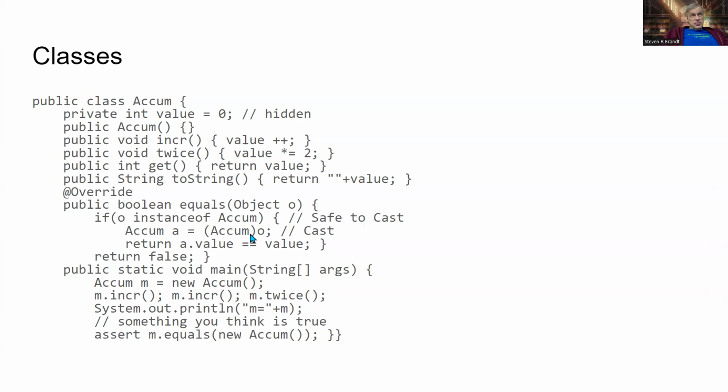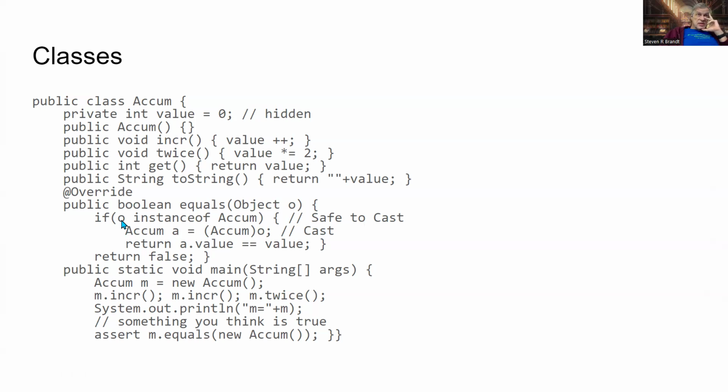Now it is possible that I could call this equals method with something that is not of the correct type. Like I could put a string here or a wrapper type, like a capital Integer. And then this cast wouldn't be correct. In that case, your code will die with what's called a ClassCastException, and that isn't something that we want to see happen.